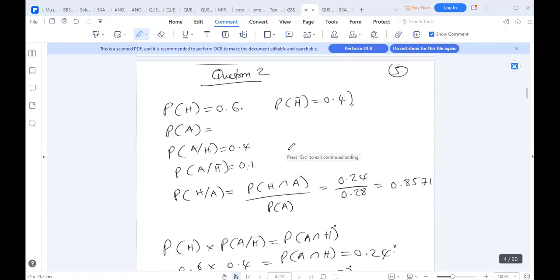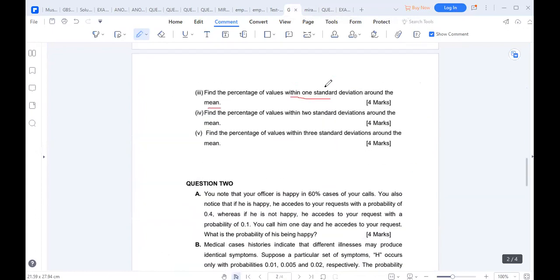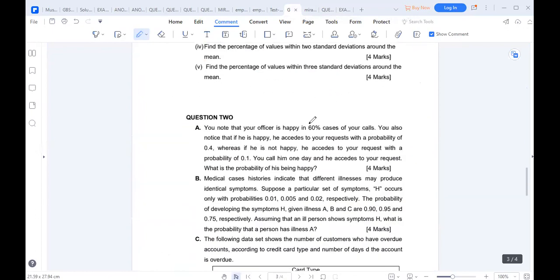All right. Then we go to question number 2, where we're told that you notice that an officer is happy. The probability of H is 0.6.